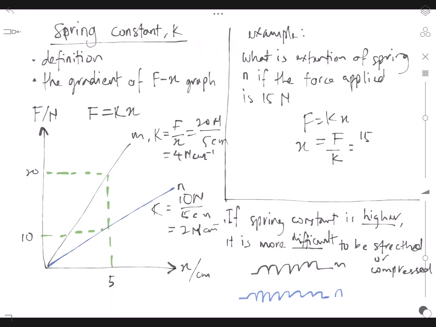So 15 Newton divided by, we have calculated the value for spring constant of N, so it is 2 Newton per centimeter. So the answer is 7.5. Newton here can cancel out. So you have 7.5 centimeter.